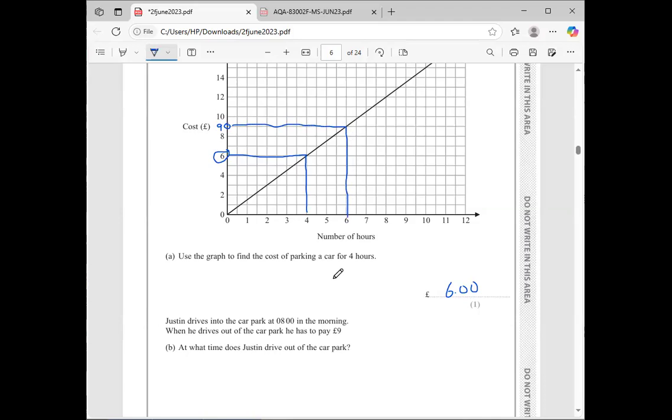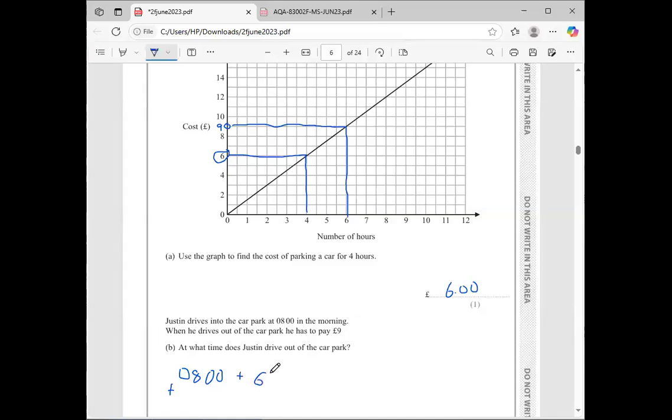So in other words, I'm going to add 6 hours to 8 o'clock in the morning. 8 plus 6 is 14, which is 14 according to our British time. No, let me add it this way.